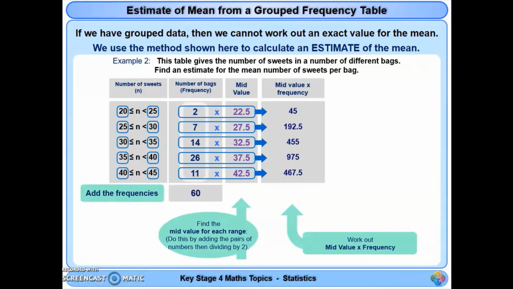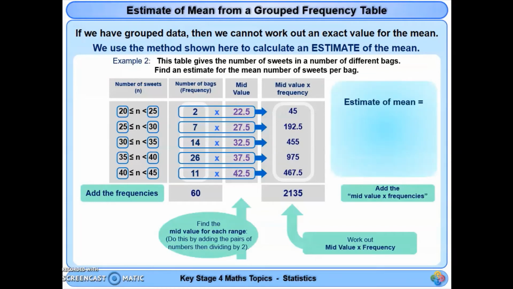So when I add the frequency, I get 60. So I'm dealing with 60 bags of sweets. And when I add the mid value times frequency column, I get 2,135. That's how many individual sweets altogether combined were contained as an estimate in the 60 bags.